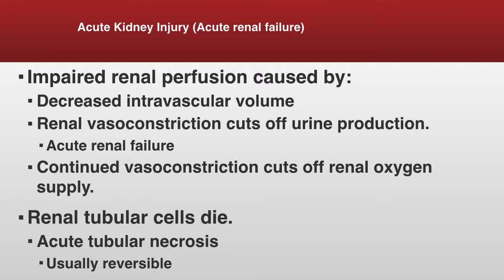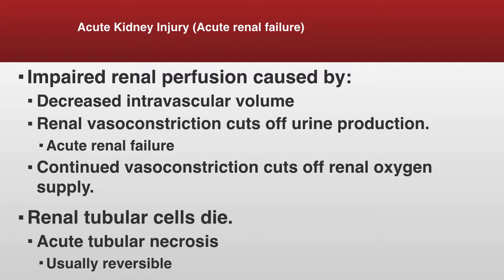With acute kidney injury or acute renal failure, we get impaired renal perfusion caused by decreased intravascular volume. Renal vasoconstriction will actually cut off urine production, which is part of the whole acute renal failure. And continued vasoconstriction cuts off the renal oxygen supply.